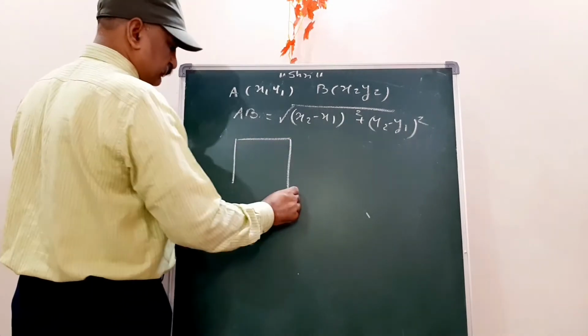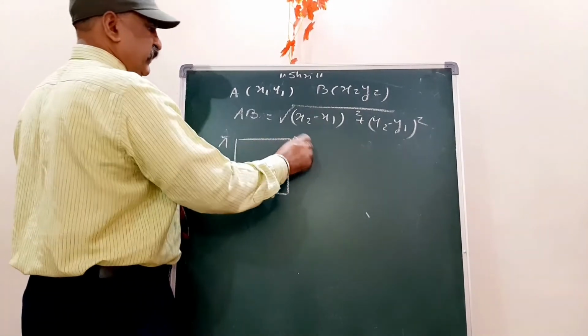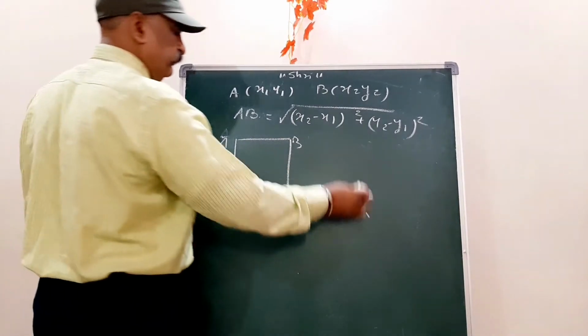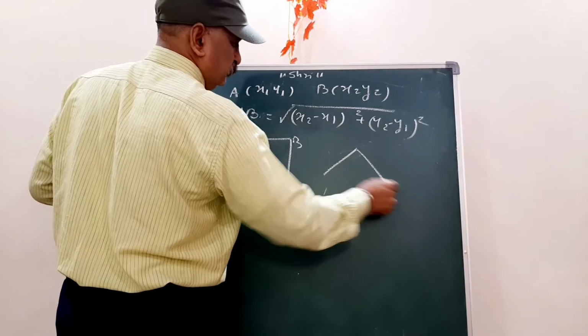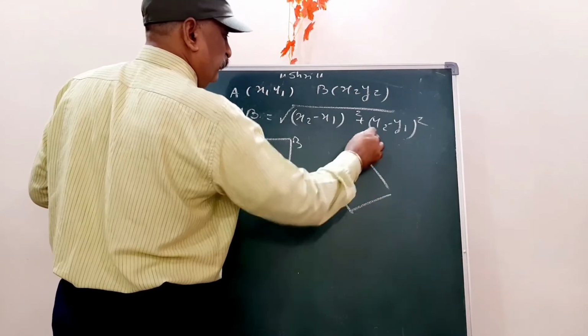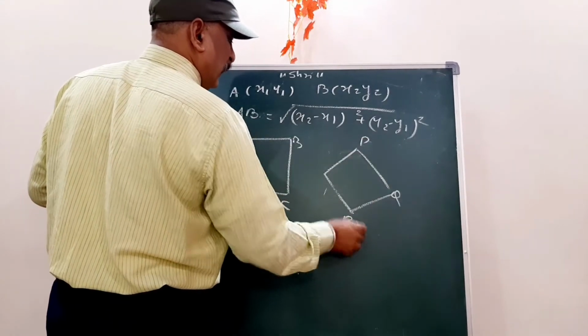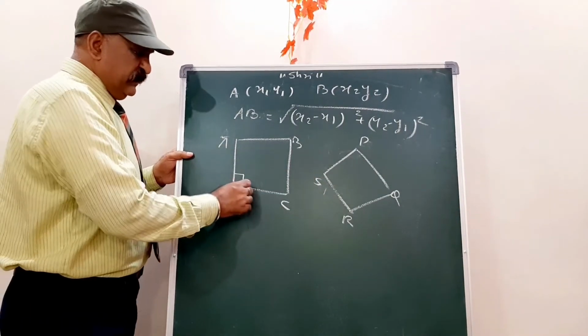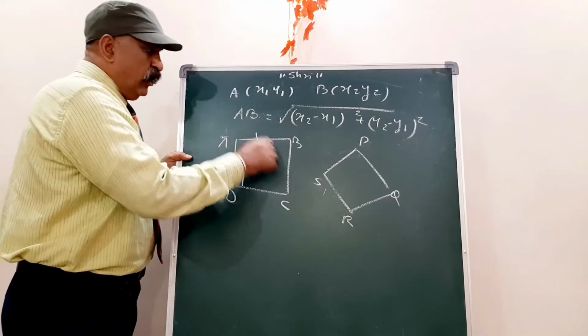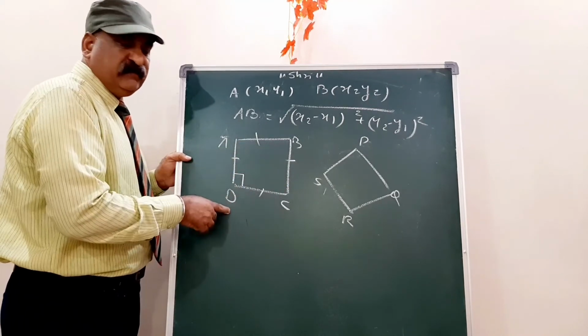This is a square, A, B, C, D. P, Q, R and S. This is a square. It means this angle is equal to 90 degrees.